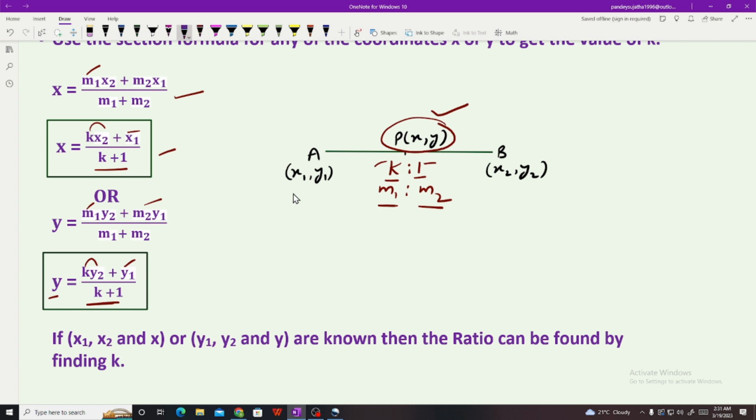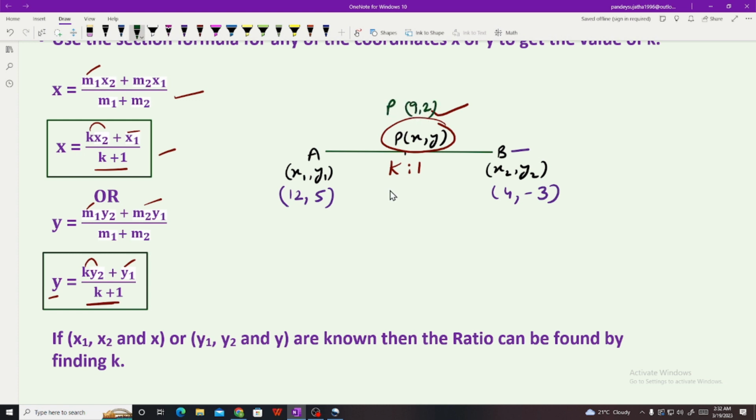So here let me take one example. Coordinates of point A are given here as 12, 5, and the coordinates of point B are given here as 4, -3. And since the ratio is not given here, we have assumed the ratio as k is to 1, and the coordinates of the point P are given here as 9, 2.